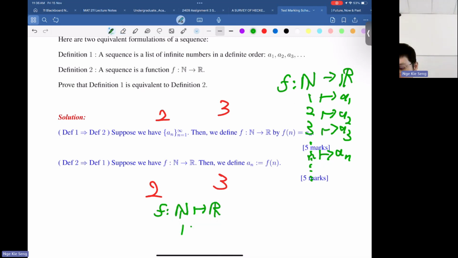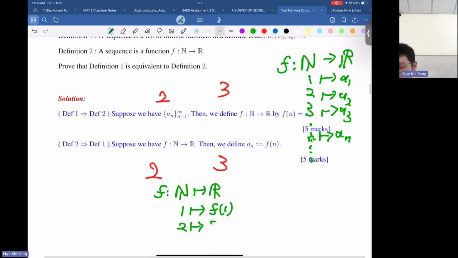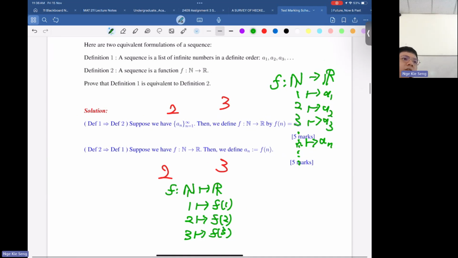Can you define a sequence? How to define a sequence? A sequence is just a definite order, an infinite number of them. You just take the image of the function. So an is equal to f(n).